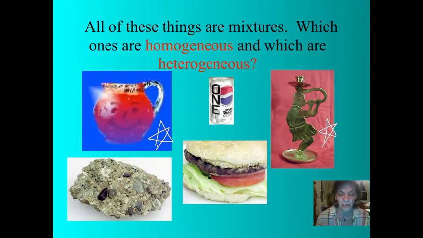It's clear and you can see through it. Everything else I would call heterogeneous, unless, of course, your Pepsi is flat. The bubbles would constitute a different phase, and so I would call that heterogeneous as long as it has bubbles, and homogeneous if it's a flat solution.